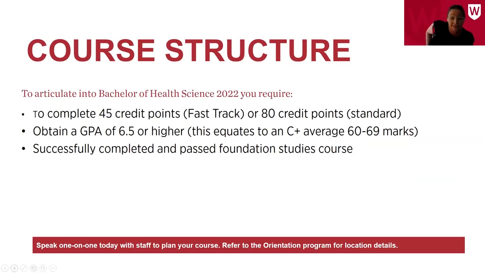Okay, my next one. If you want to go into health science, so for some of you at this point, you may want to go into Bachelor of Health Science. For some of you, you end up with no choice because you don't get the right GPA, okay? So if you don't reach the 7 GPA, then we do have other options for you. If you achieve a GPA of higher than 6.5 and you weren't successful to get into nursing, you will receive an offer to Bachelor of Health Science.